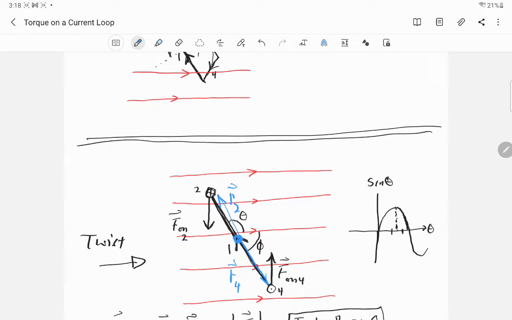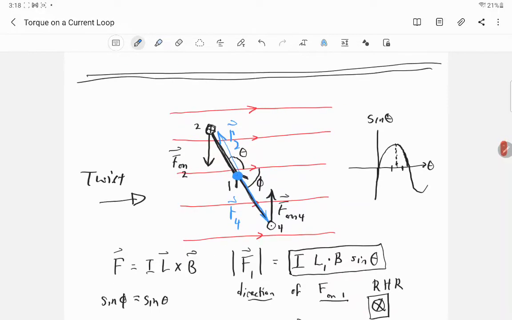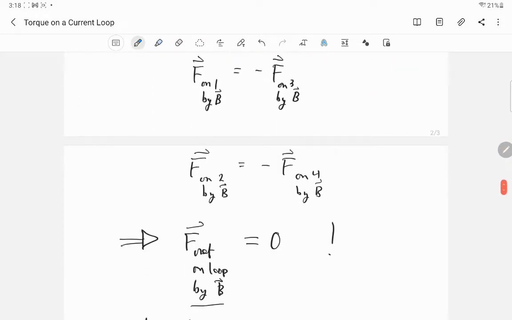And they are the locations away from an axis. I didn't have to choose this particular axis, but it tends to be one that makes a lot of sense, because the way this thing's going to rotate is about this midpoint. So I'm going to choose the midpoint as the location to calculate the torques, right?